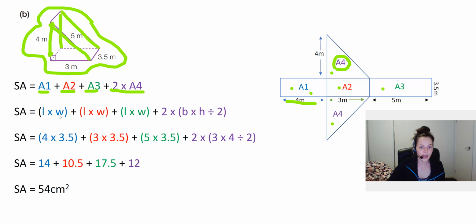You don't necessarily always have to do all of these steps all the time. I always want to see a minimum of at least 3 to 4 steps, because I'd like to see your working out. If people are making mistakes, it helps me identify where. But if you're pretty savvy with the fact that the area of a rectangle is length times width, I don't want you to worry about writing all of this out, okay?